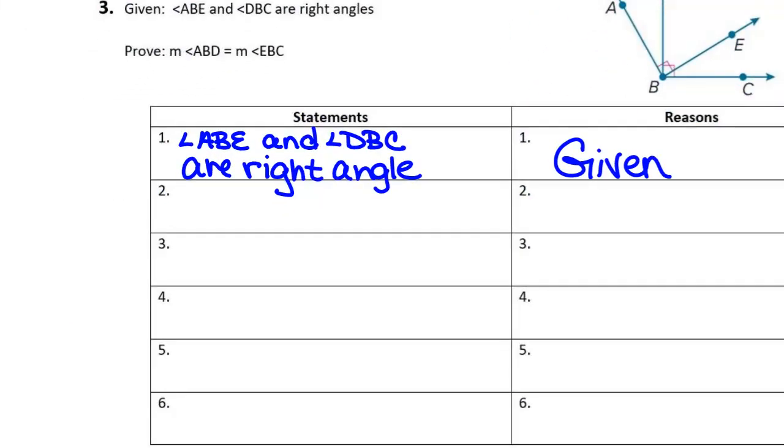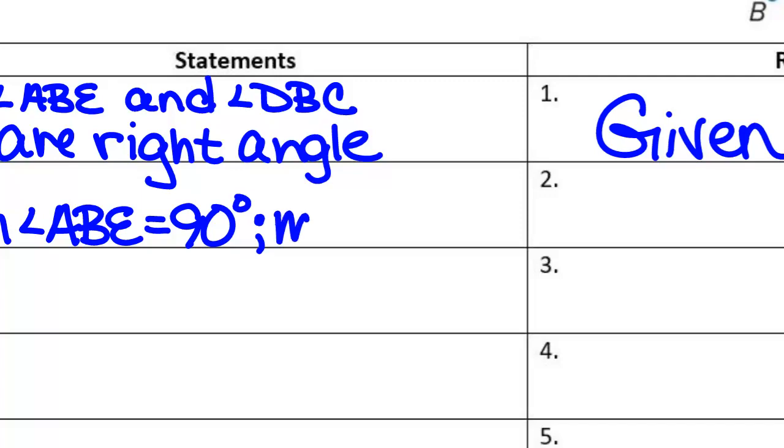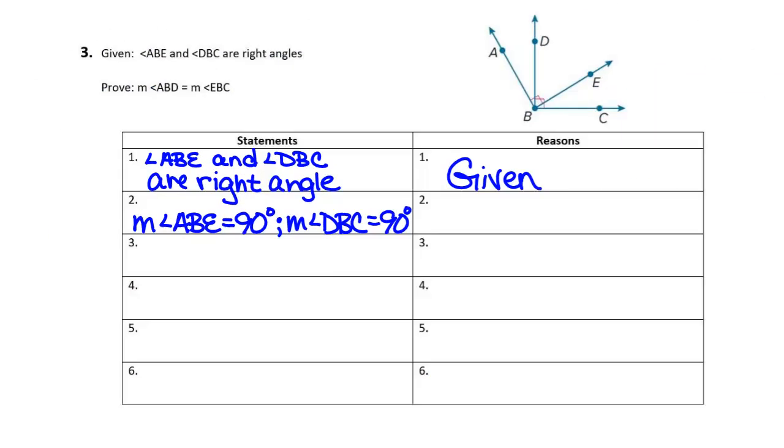Well, what does it mean for angles to be right angles? They equal 90 degrees, right? Yep. So the measurement of angle ABE is 90 degrees. Can I make that same type of statement about anything else? The measurement of angle DBC is equal to 90 degrees.